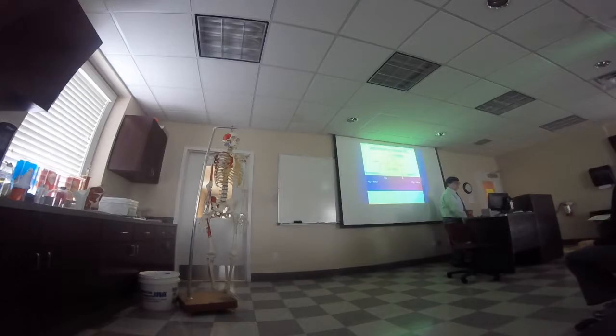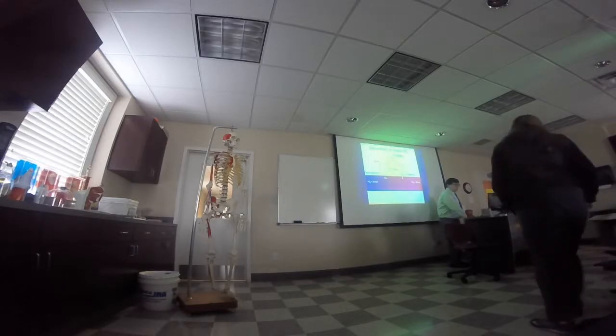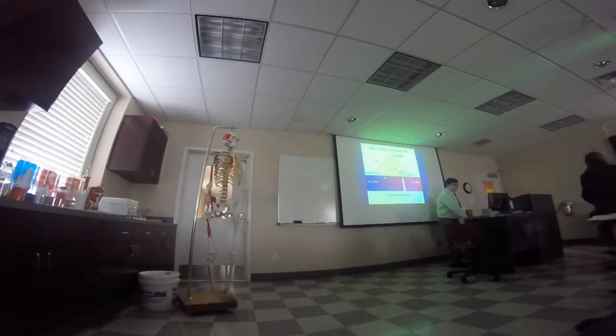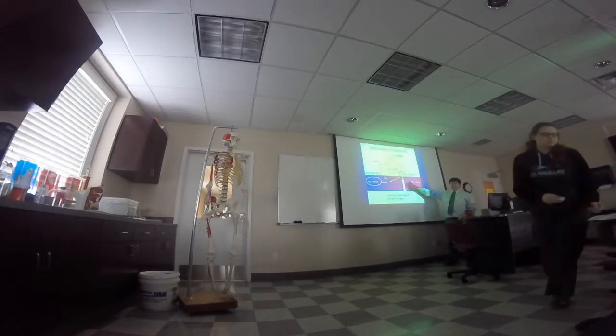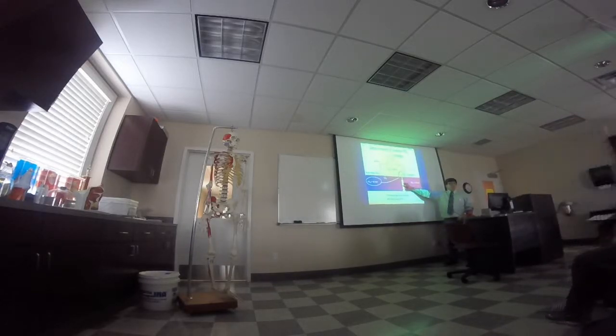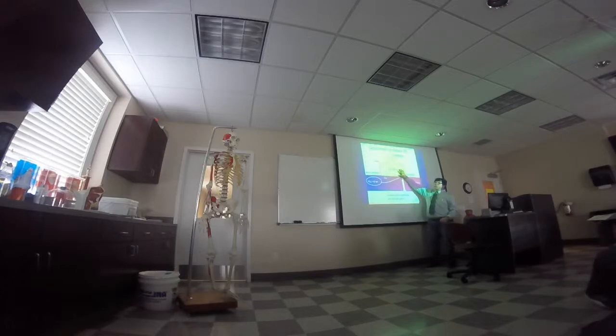So what are the determinants of PO2? It's determined largely by adequate pulmonary blood flow and oxygen consumption. This PO2 here is largely determined by how much oxygen is being consumed.